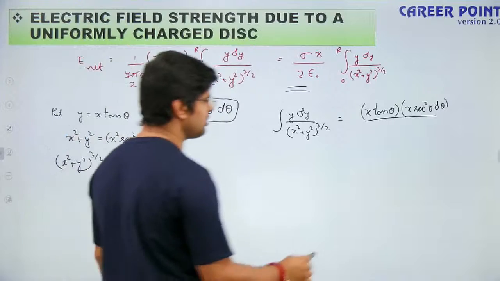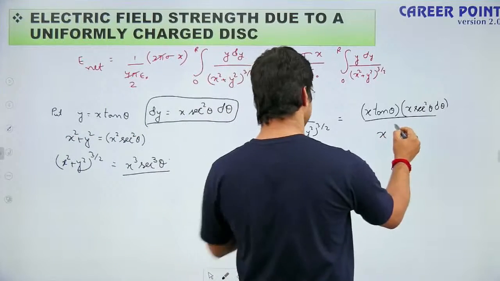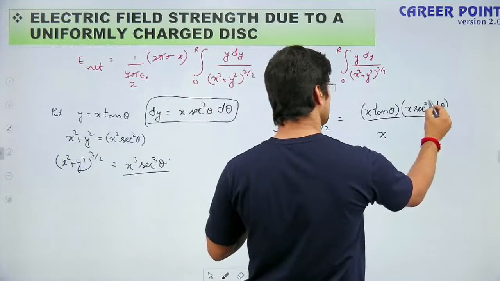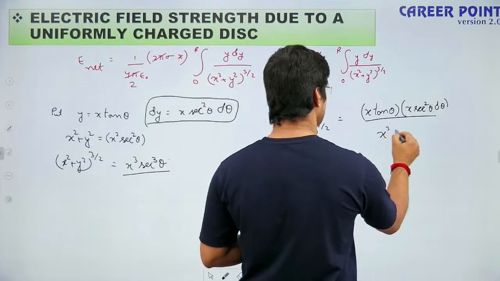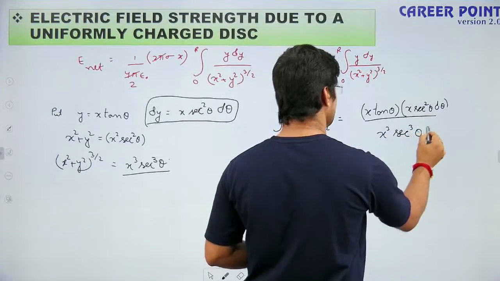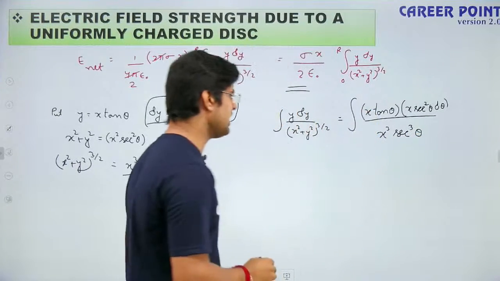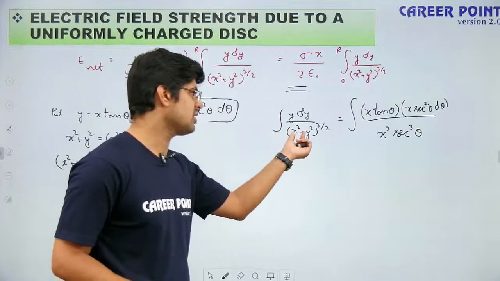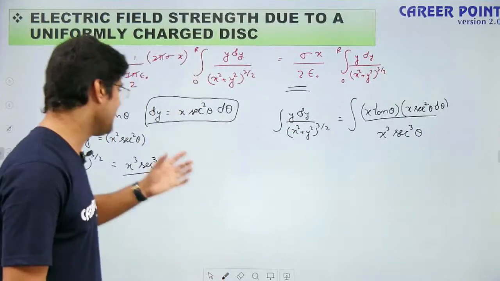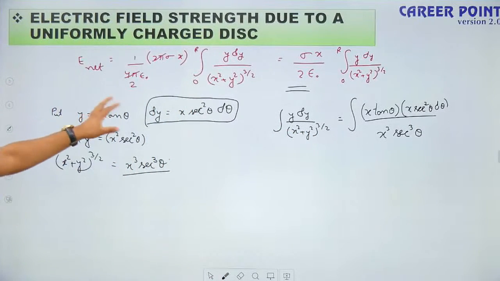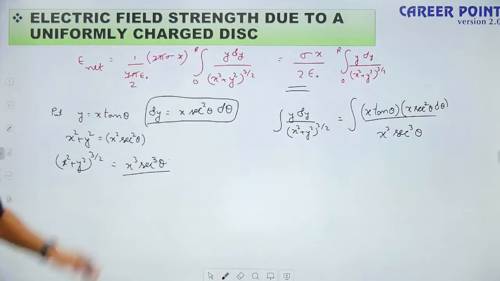This is x cube sec cube theta. So I am mentioning it here: x cube sec cube theta. And the integral is still there. I have just transformed y dy upon x square plus y square raised to power 3 by 2 by putting y equals x tan theta and finding out the remaining values like that.